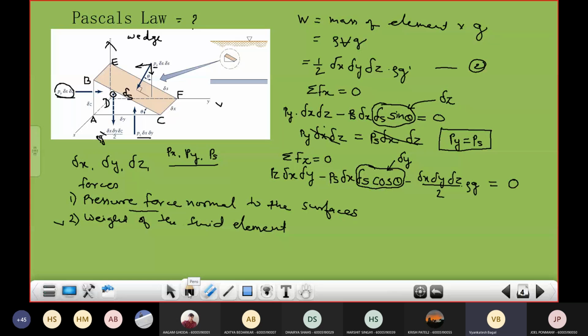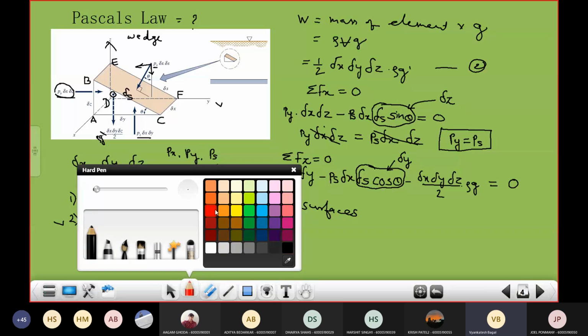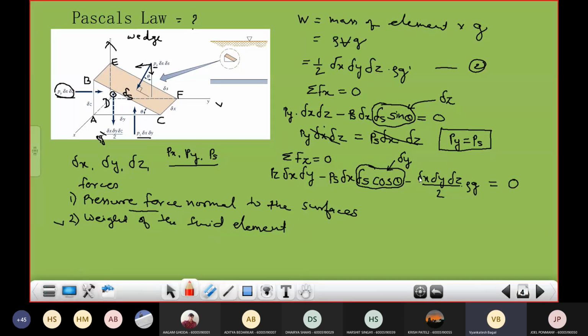So in that case, the product of these three small dimensions, delta x, delta y, delta z, is going to be very, very small. So we can neglect this term, the body force term. Is it clear?